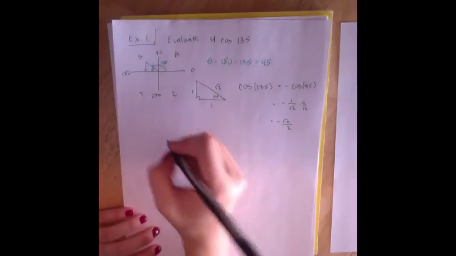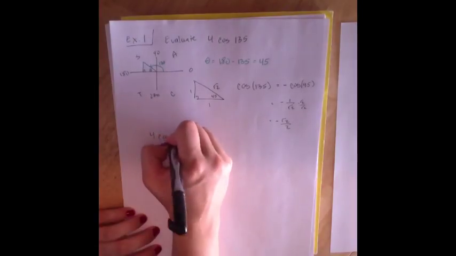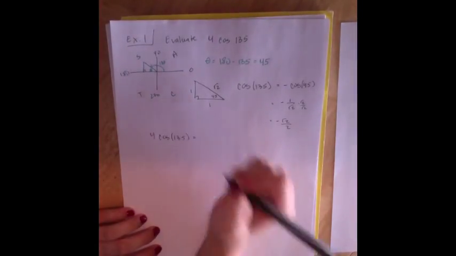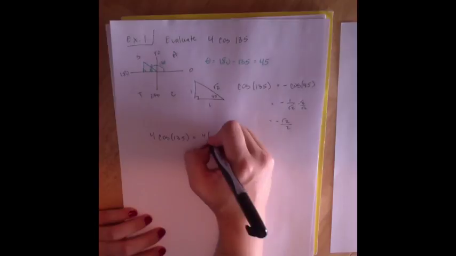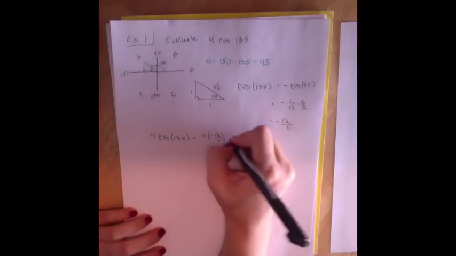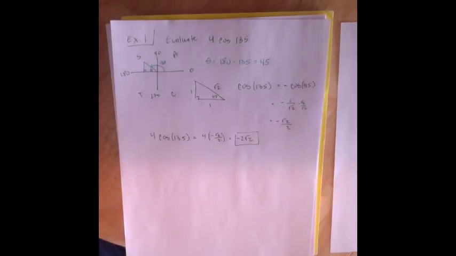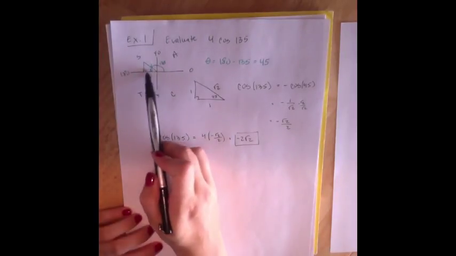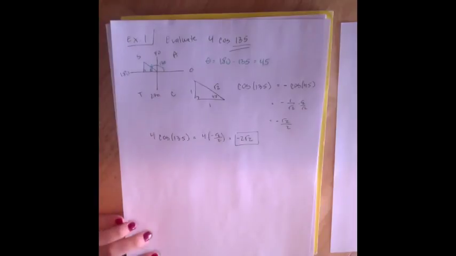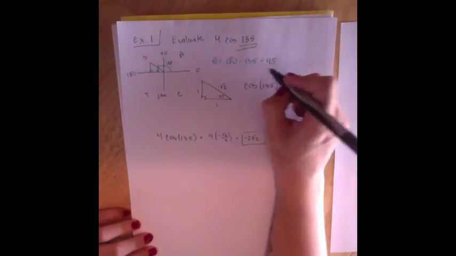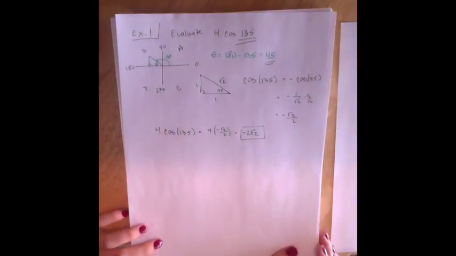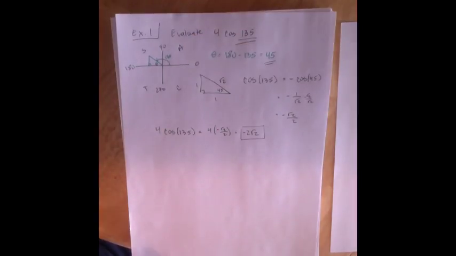So my problem, 4 cosine of 135, ends up giving me 4 times negative root 2 over 2, which is negative 2 root 2. Okay, the related angle relates this big angle 135 into my smaller angle 45 that I know how to use, because it's one of my 45, 45, 90 triangles.